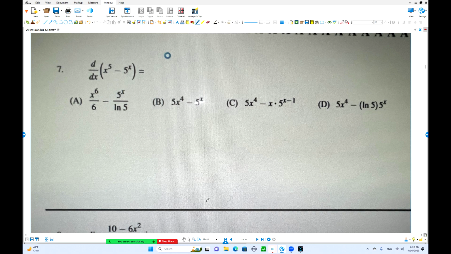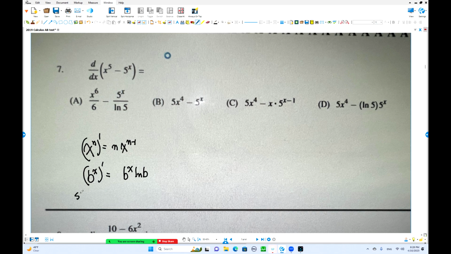Number 7. The first one is the power function, the second one is the exponential function. For the power function, the rule is x to the n, derivative: n moves to the front, take 1 from n. For exponential functions, b to the x, we multiply by ln b.